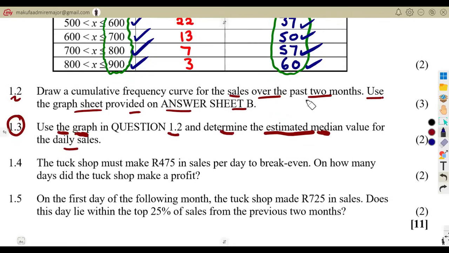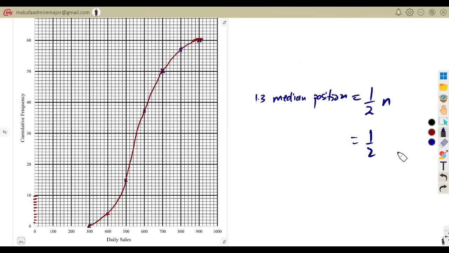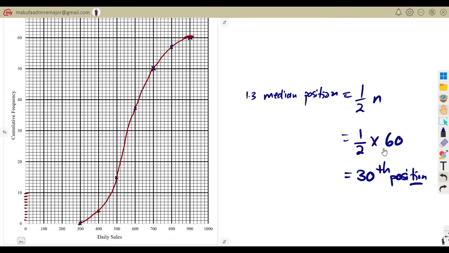Remember, on your total cumulative frequency, we have 60, the total number of days that we are given there. So that's half of 60. 1/2 times 60 gives us the 30th position. That's the position of the median, not to say this is our answer, but the position where our median is going to be obtained from.